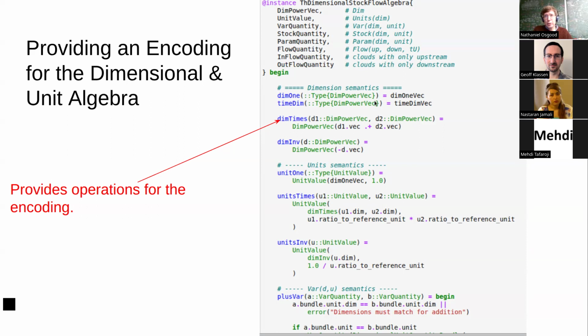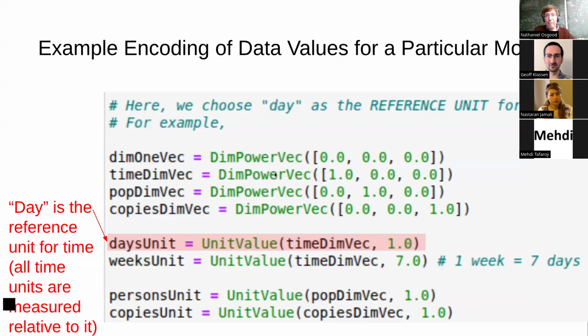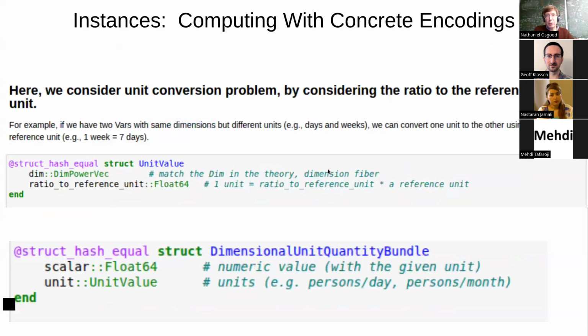And you notice there's this characterization of, this is the dimension one vector for the dimensionless vector, for example, or the time vector. This is how it's encoded.